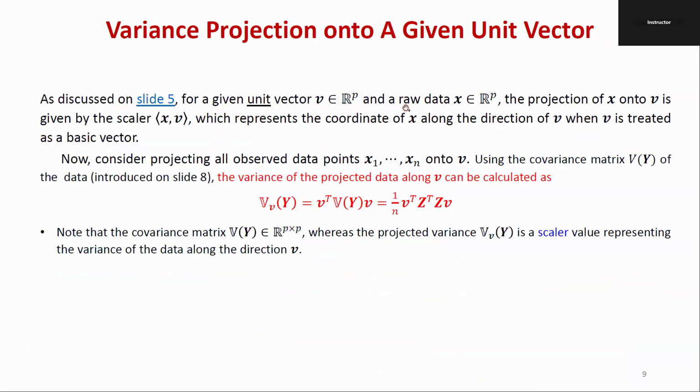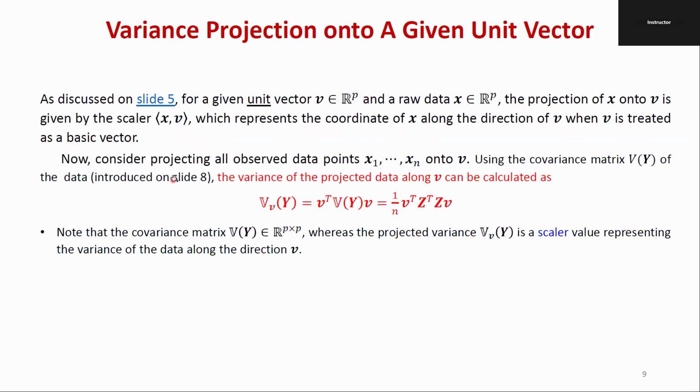For a given vector v and the raw data x, the projection of x onto v is just the inner product, a scalar. You can consider it like physics work. It represents the coordinate of x along the direction of v when v is treated as a basis vector. Again, a basis vector means it's a unit vector, and different bases must also be orthogonal.